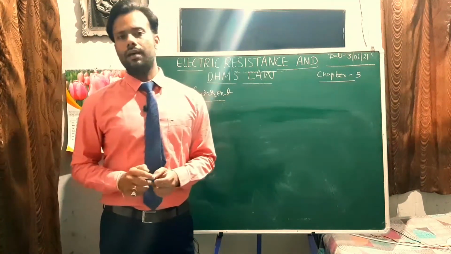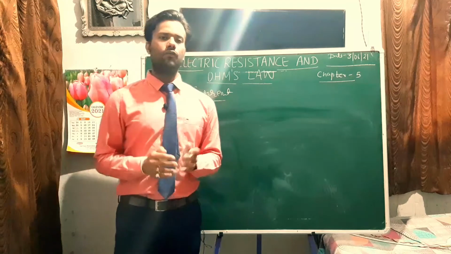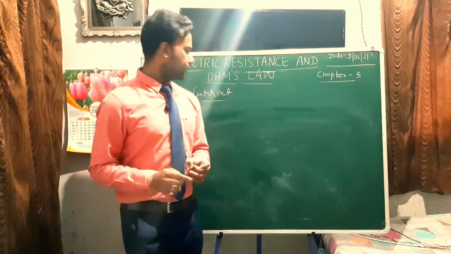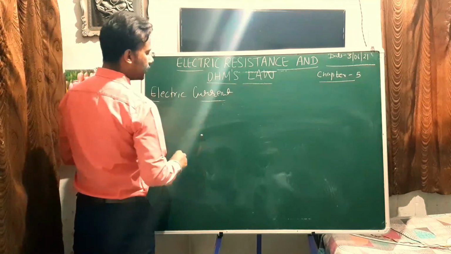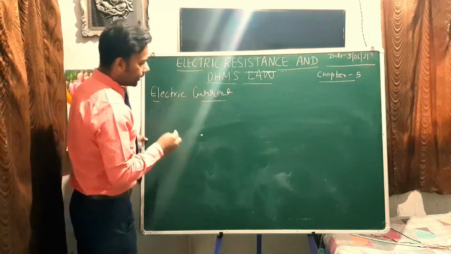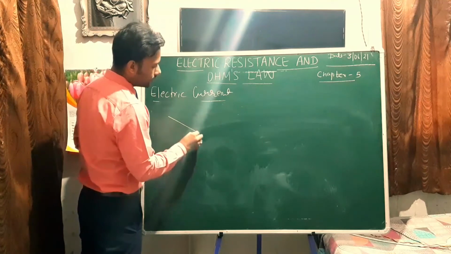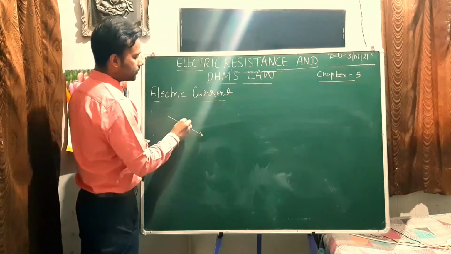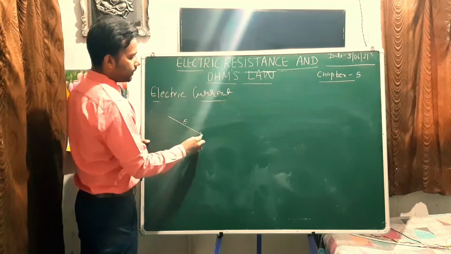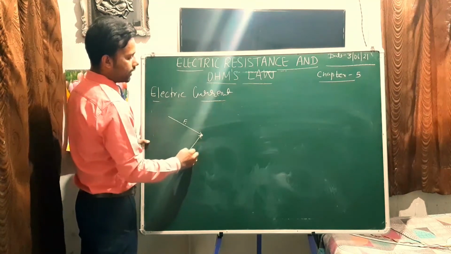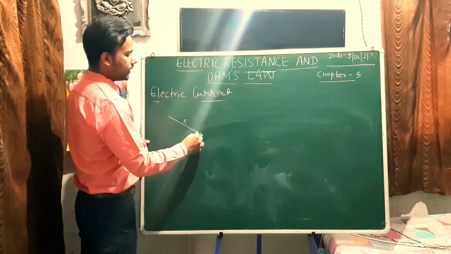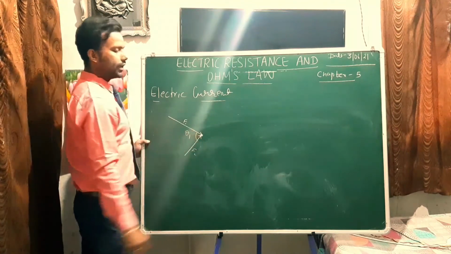Let's take an example of a well-known vector quantity, force. Let two forces be acting at a point like this. This is one force F1 and this is the other force F2, and this is the angle between them, let's say theta.